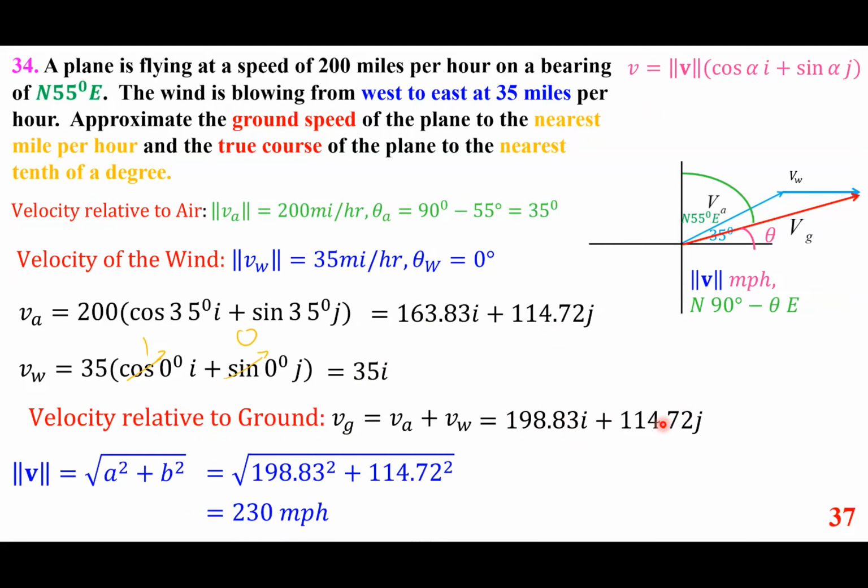Now, for this, we can find theta or alpha, if you will, and it's the j component over the i component. Using a calculator, we get 30 degrees. If this is 30 degrees, the answer is 230 miles per hour, north 90 minus 30, that means 60 degrees east. And that's the final answer.